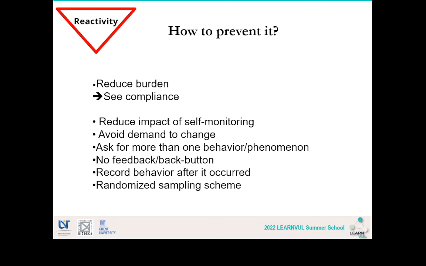Record behavior after it occurred and not during, so maybe event contingent might be different, but rather ask, every 4 hours, did you happen to fight with your partner, for example, rather than every time you're fighting. And a randomized sampling scheme, if you're not interested in the statistical index, might be better: a signal contingent rather than fixed time, because this way people aren't waiting to answer and stopping everything they're doing, thinking, oh, I have to complete this survey.